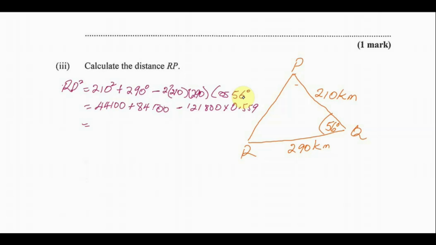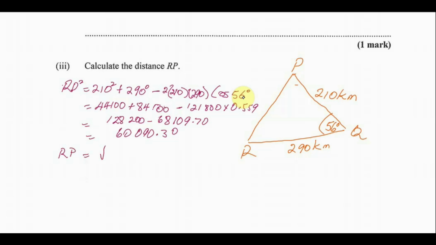On reduction, this gives us 128,200 minus 68,109.70. On reduction, this gives us 60,090.30. So this is RP squared, what we need is RP.